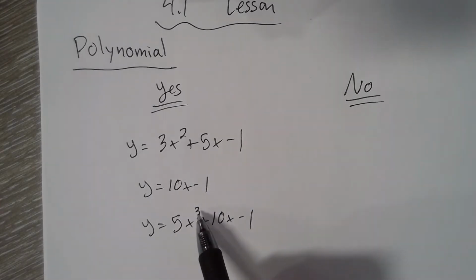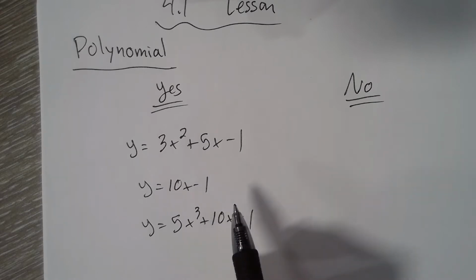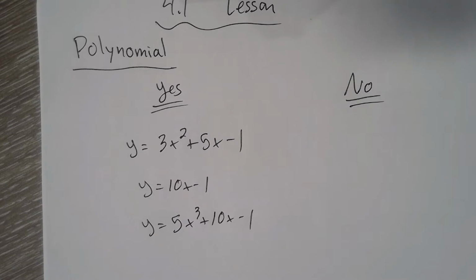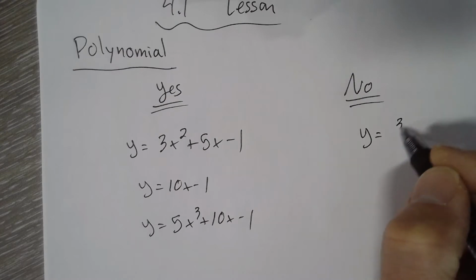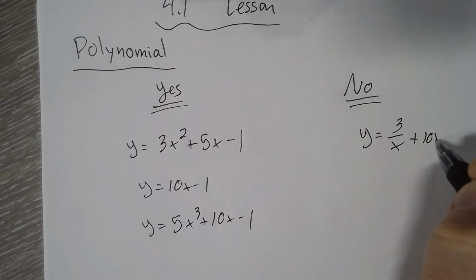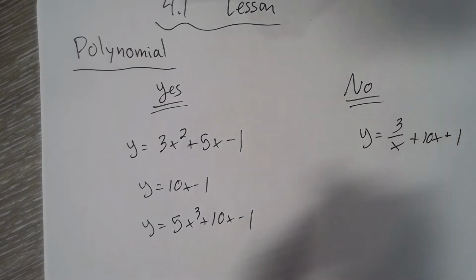As long as the exponent is a positive integer, then it's a polynomial. Ones that aren't polynomials, you might have like 3 over x plus 10x plus 1.